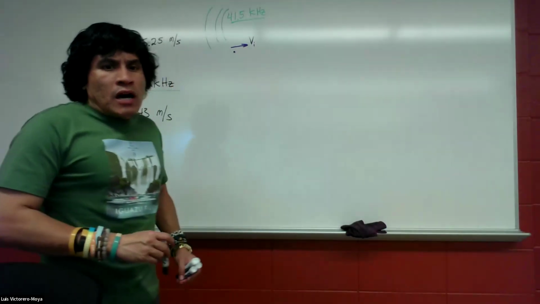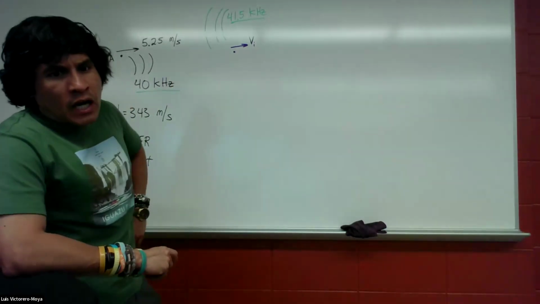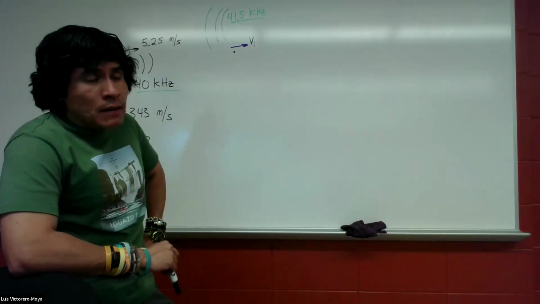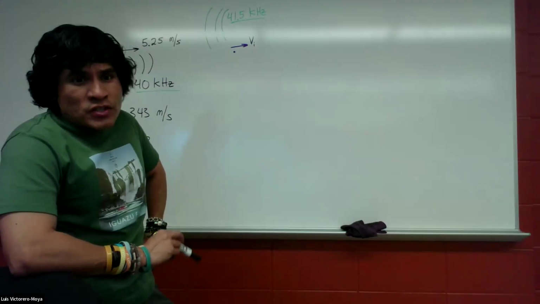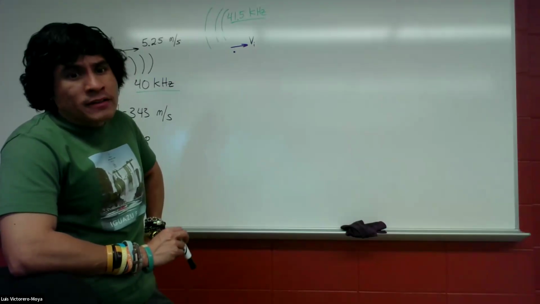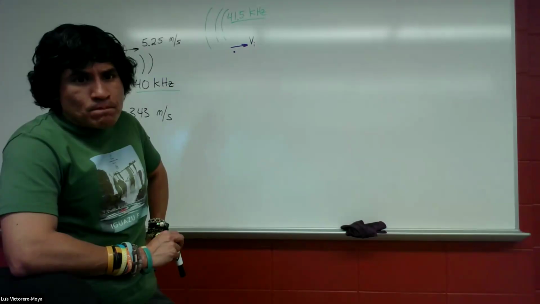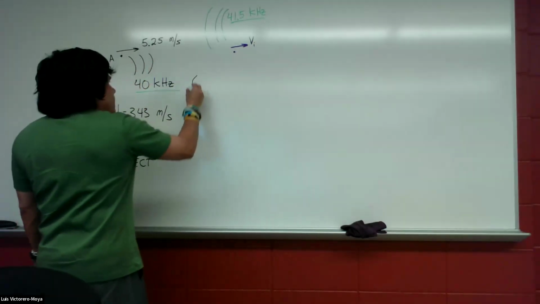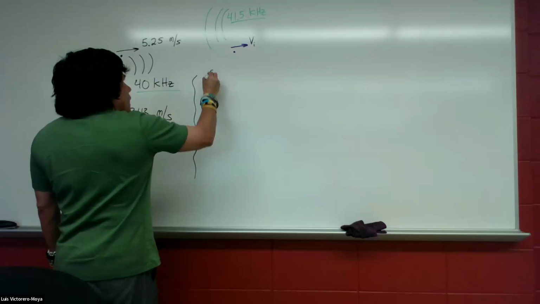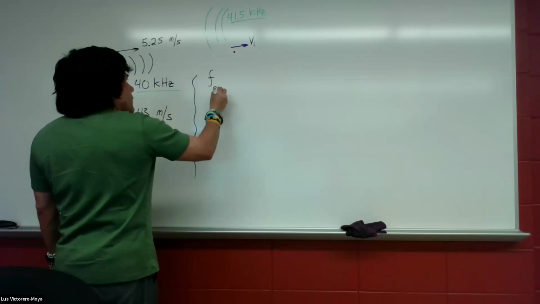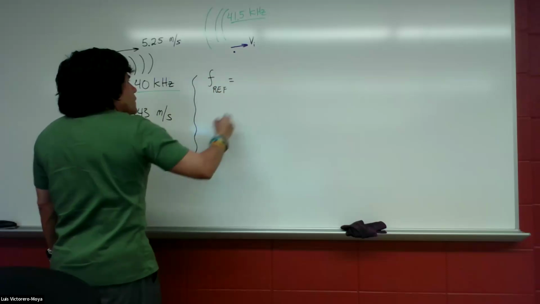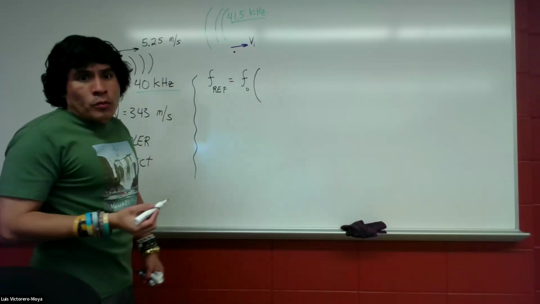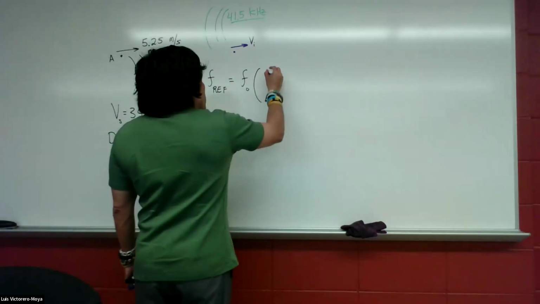So you have to think in terms of the frequency received by the bat, which has to do with the reflective frequency. You see, the reflective frequency, let's call it F reflect, is equal to the initial frequency, and then you have the source moving, right?